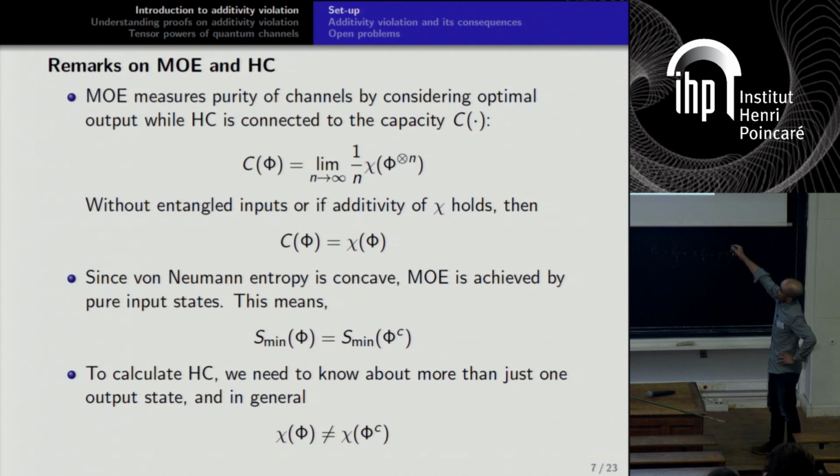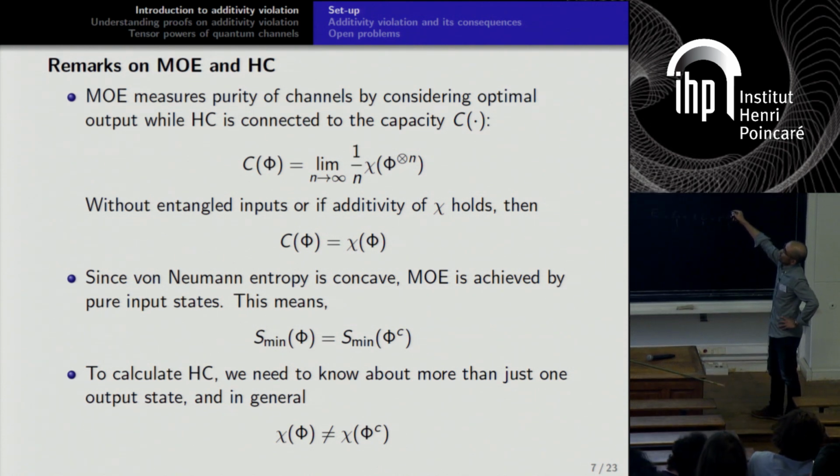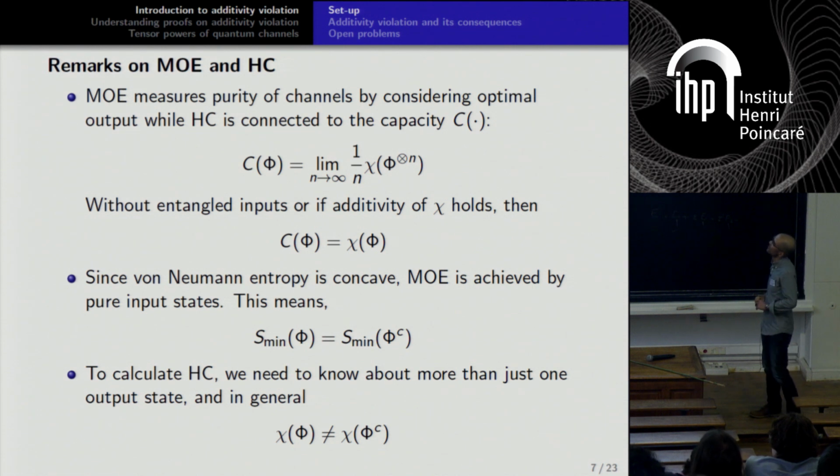And sometimes we don't have to regularize, if this tensor product gives additivity of this Holevo capacity. For example, suppose this is n times chi of phi, then this n cancels this n, and we get this formula. But this is not always true. This is called additivity violation.